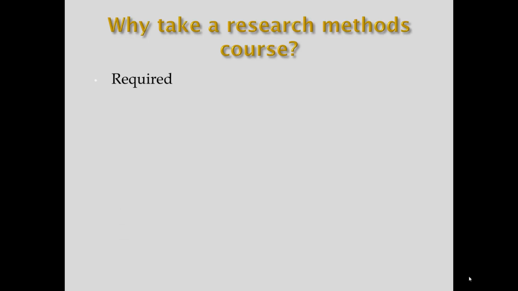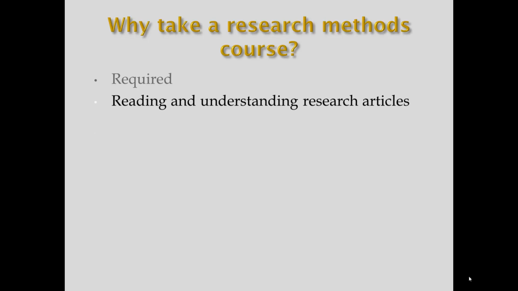Now, this chapter starts with the big question: why students are supposed or expected to take a course in research methods. One possible answer is it's a required course. You have to take it. Second, we take this course to be able to read and understand research articles.